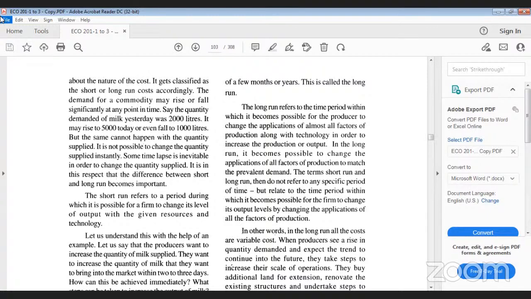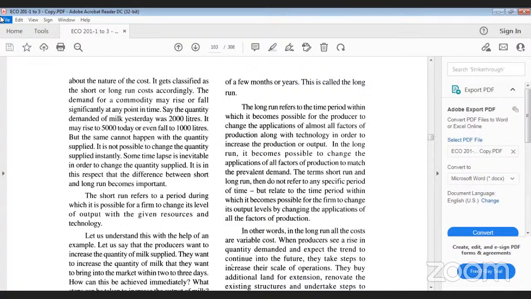The terms short run and long run do not refer to any specific period of time, but relate to the time period within which it becomes possible for the manufacturer to change its output levels by changing the applications of all the factors of production.